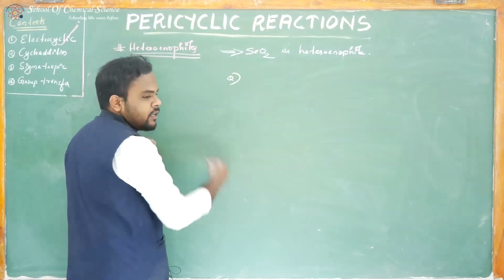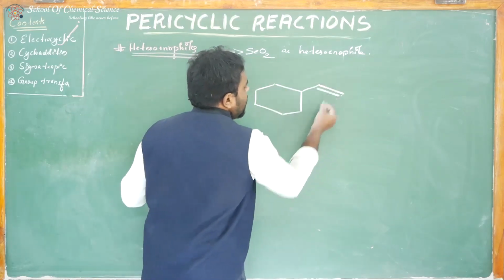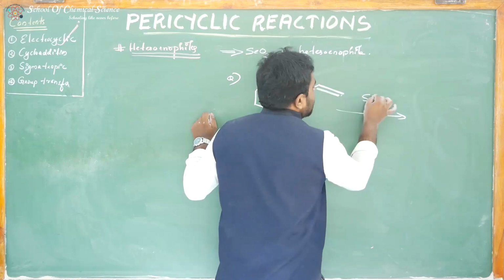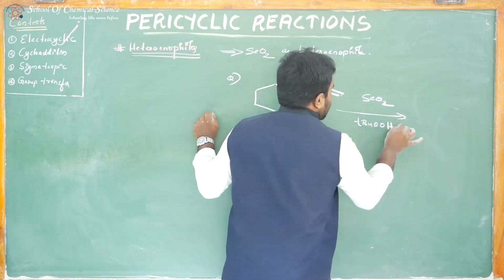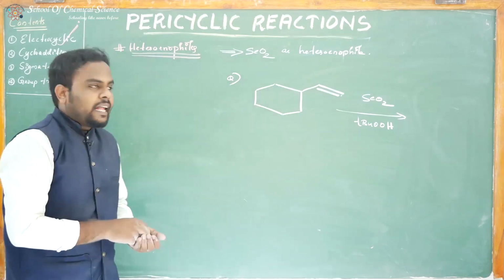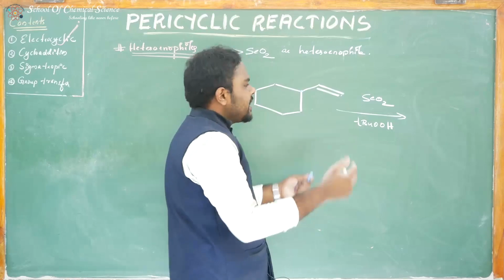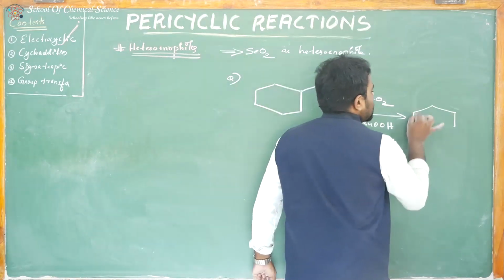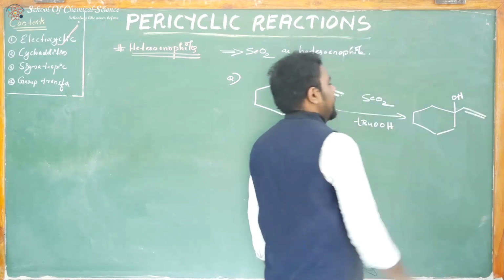The first question, an allylic system. Okay, on reaction with selenium dioxide and tertiary butyl hydrogen peroxide. Where is the allylic carbon? This is an allylic carbon, and that carbon contains a hydrogen. That hydrogen is oxidized to an OH.